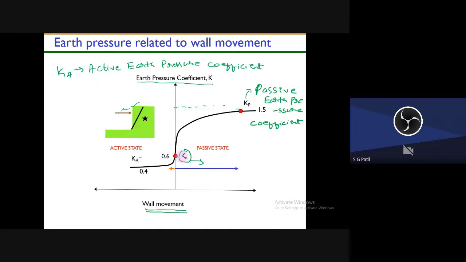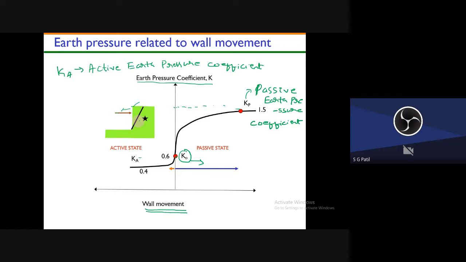In actual practice in the field, you will come across all three types of wall movements. In certain circumstances, you should not allow any movement of this wall. In certain circumstances, you can allow some movement of the wall.